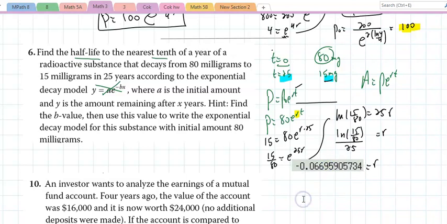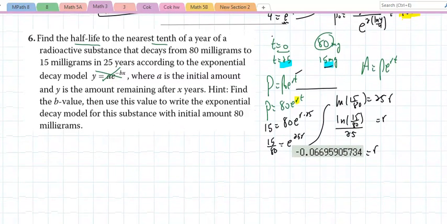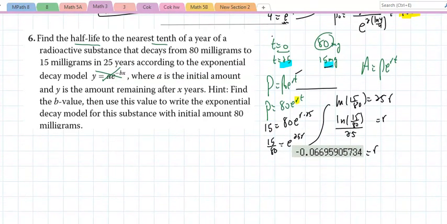So now we have a couple of options. We did all of that work. Now we say, either you tell me that P is, we started with 80, e to the negative 0.066959 t or x, whatever you want to call it.